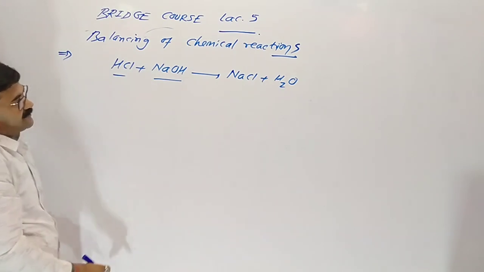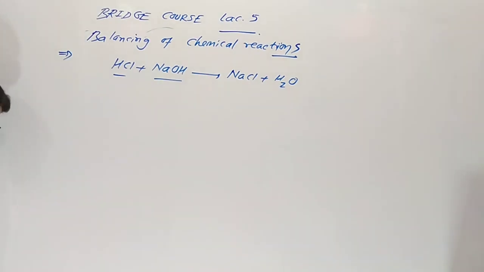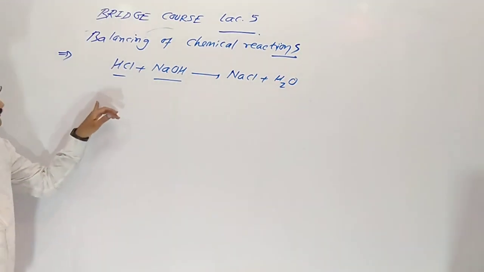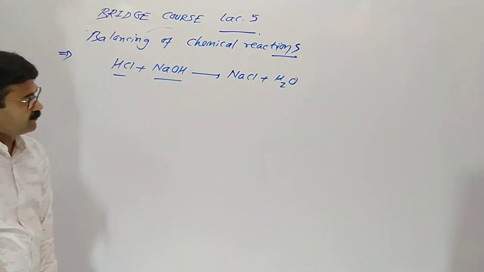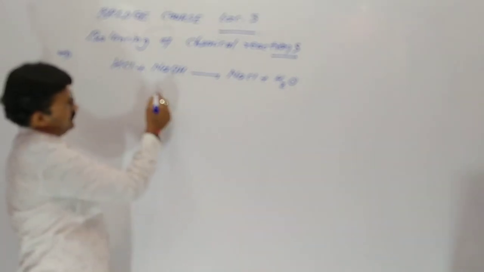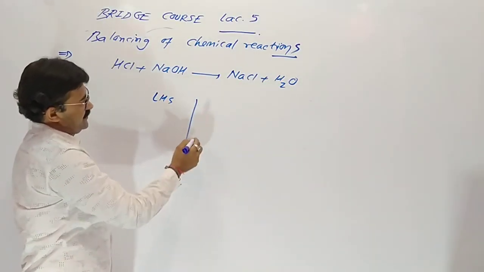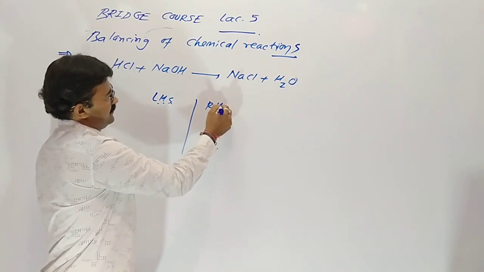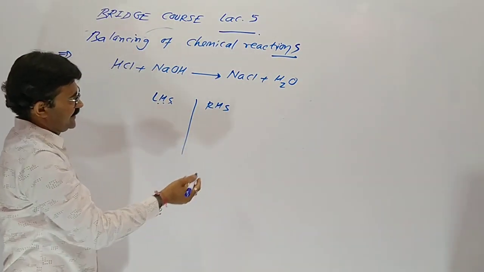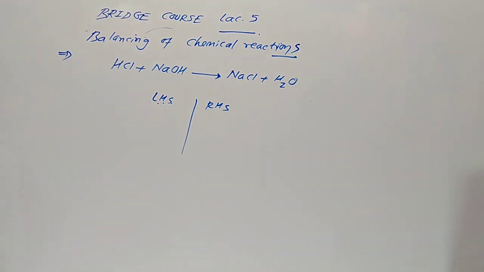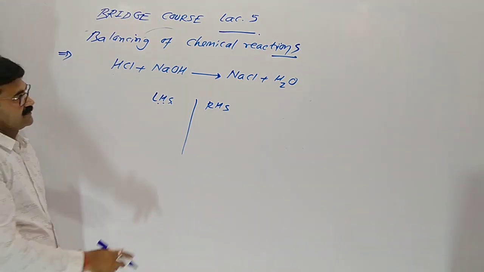The compounds given on the left hand side are called reactants, and the compounds on the right hand side are called products. So first we have to take the LHS, the left hand side. The part after the arrow is the right hand side, before the arrow is the left hand side.